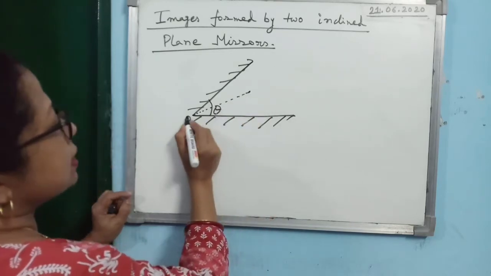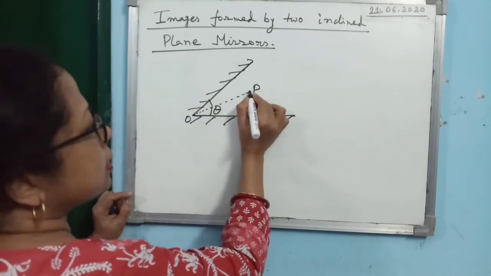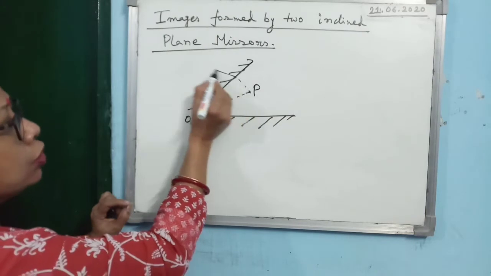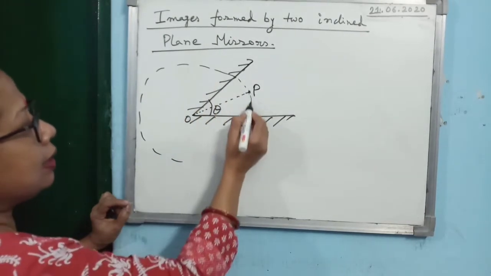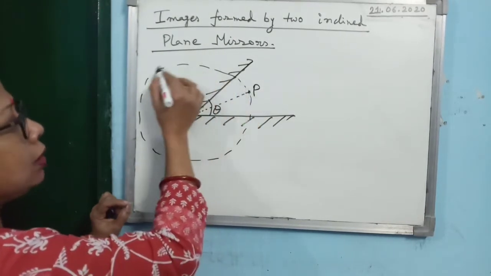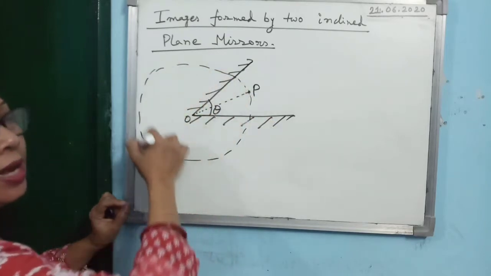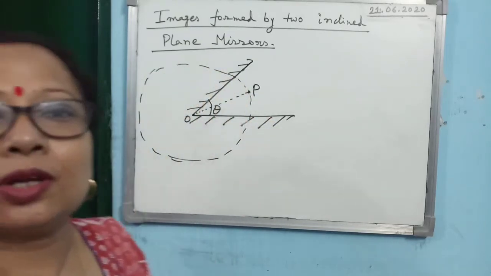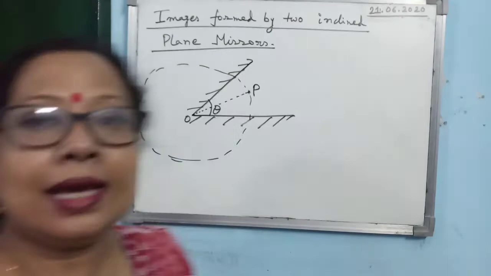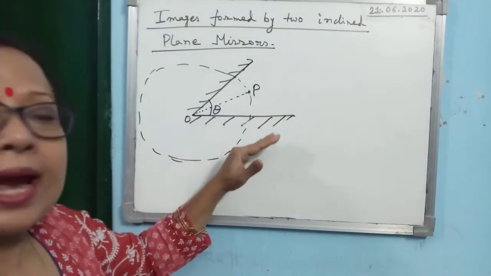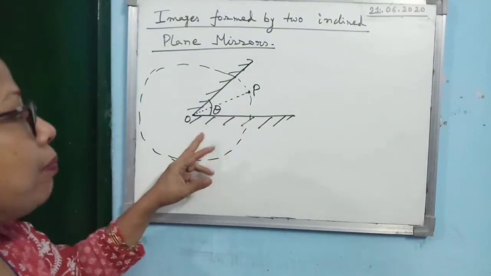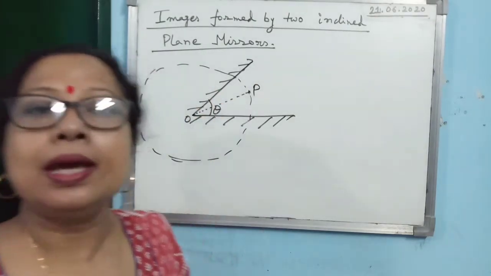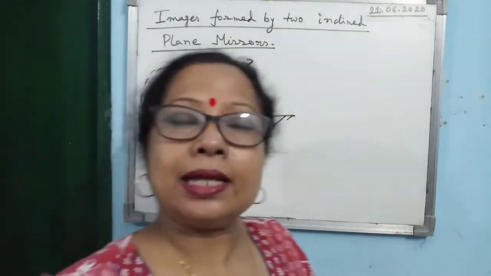Centering the point O, suppose this is the point P. If you draw a circle, then you will see all the images will lie on this circle. So what I said: if there are 2 inclined plane mirrors and you keep an object in between them, then several images will be produced.